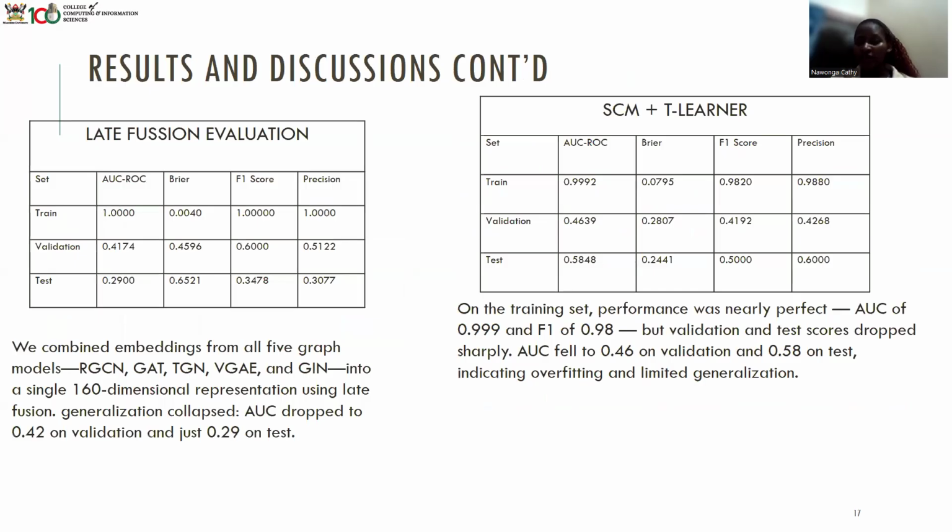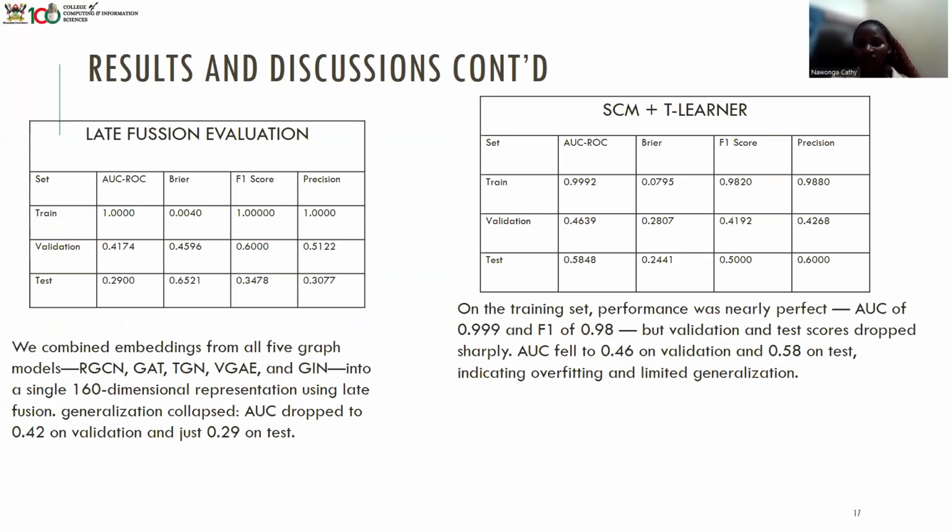We combined graph embeddings from all 5 graph models, the ones I mentioned, RGCN, GAT, TGN, VGAE, and GENE, into a 160-dimensional representation using late fusion. The meta classifier performed perfectly on the training set, but generalization collapsed.